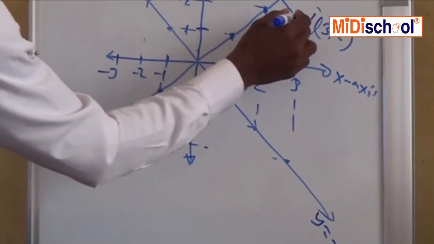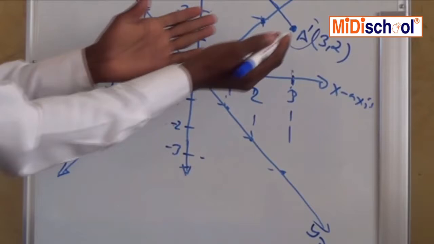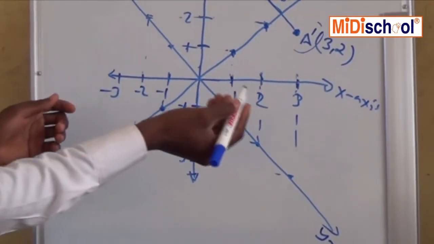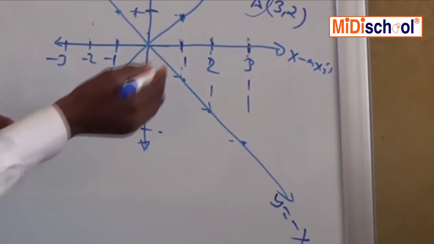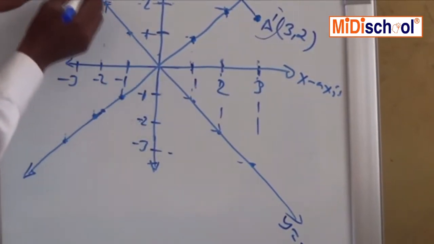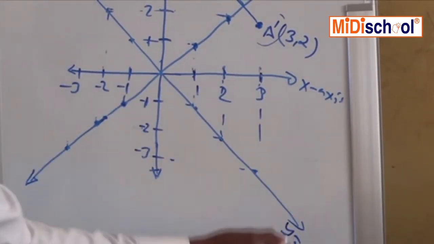Now, remember my point is here, right? Here is my point, and the reflection is actually going to be the same distance but perpendicular now to this plane, y = -x.